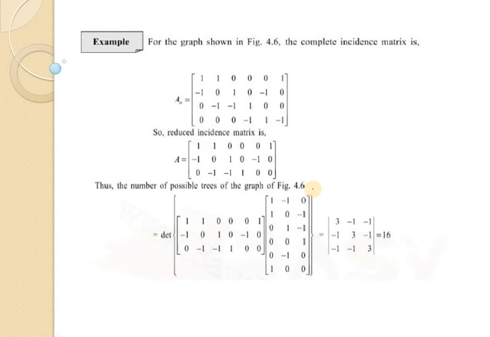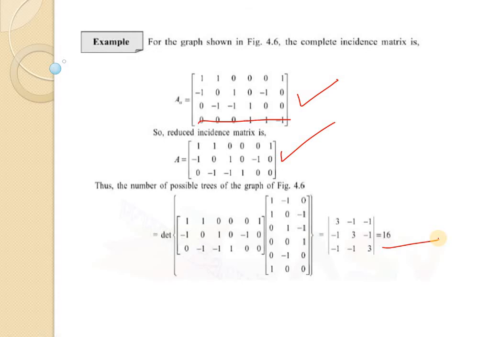So let us take an example. For the same graph, figure 4.6, the complete incidence matrix is this one, which we have already calculated. Now the reduced incidence matrix is this. That means we have eliminated one row. Thus the number of possible trees will be the determinant of the reduced incidence matrix multiplied with the transpose of the reduced incidence matrix, and their whole determinant will give you the number of possible trees.